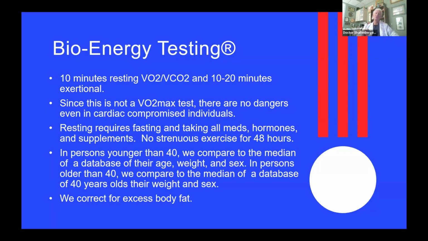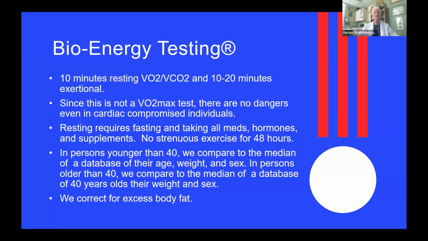So what I decided on a long time ago, when I'm doing these tests on people over the age of 40, is that I don't really want to compare them to their own age bracket. One of the worst things I could ever hear, and I'm 79 years old now, is, Frank, you're very healthy for a 79-year-old. I don't want to be healthy for a 79-year-old.